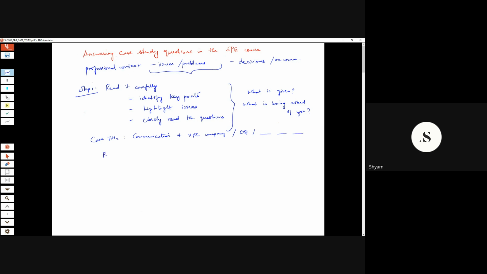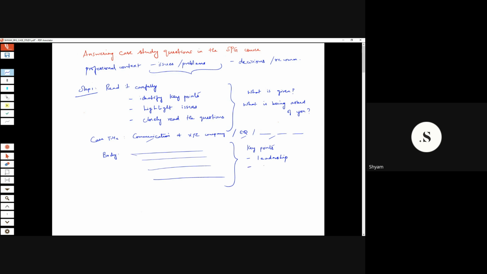And then you will have the body of the case. While reading this, you are expected to make note of the key points, which not only will be related to the heading already given, but you are also required to identify any other aspects that are discussed in the case study.